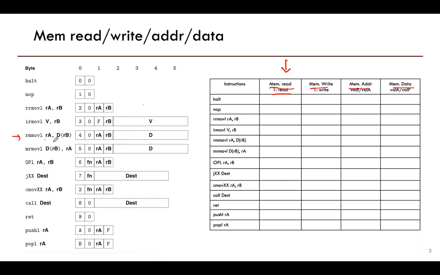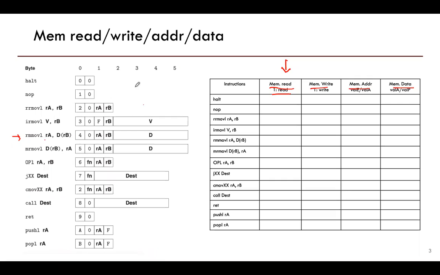Let's use this one as an example. Like we practiced with this instruction format, to understand the basic flow of the execution of the rmmovq instruction, we can write down something like an equation, a mathematical notation.